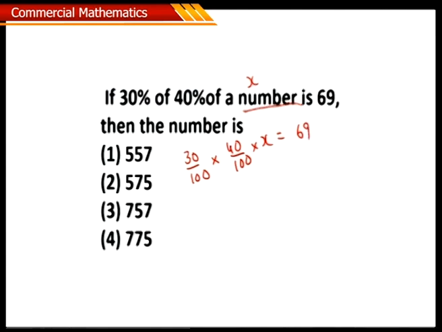What we have to find? The number. The number already we took x, means simply this is an equation in one variable, we have to find x. So here this 0 we can cancel, and what else? x is equal to 69 into 10 by 3 into 10 by 4.